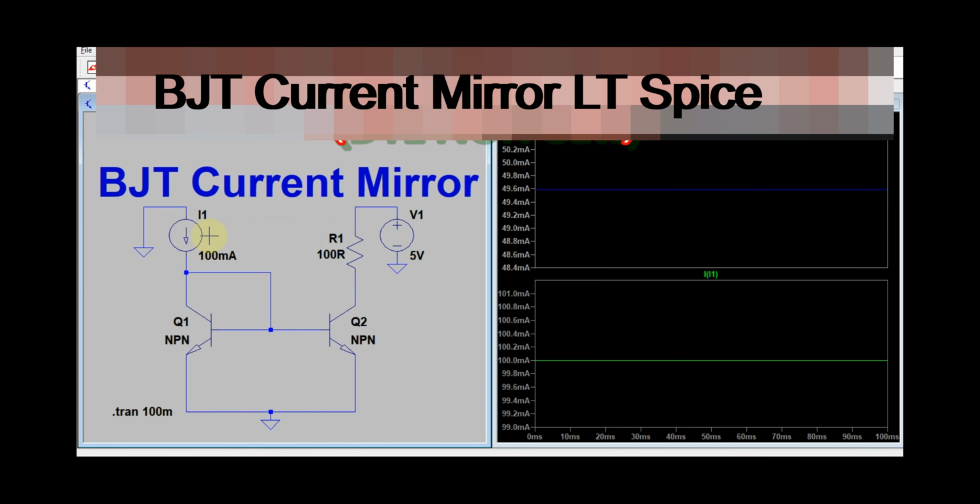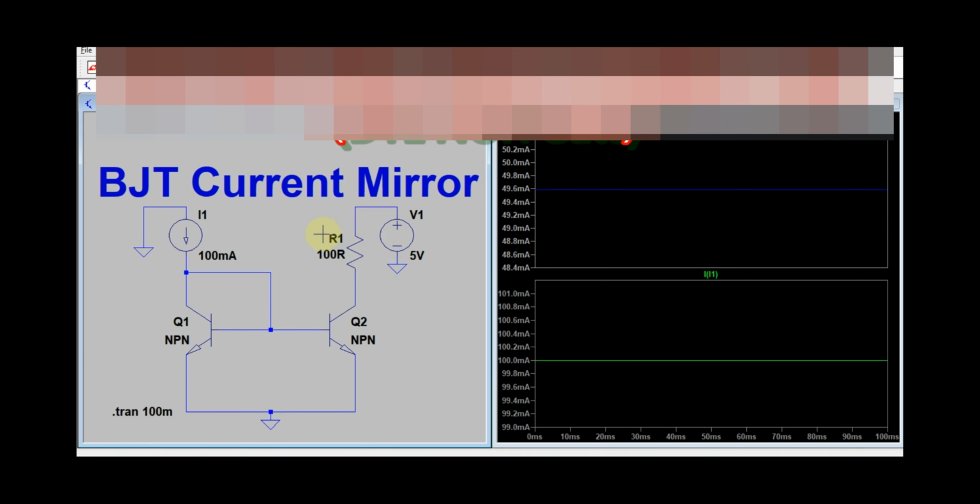If you reduce the current, it will get reduced. So this current mirror circuit limits the current, but if you reduce the current flowing through IR1, you are free to do so.